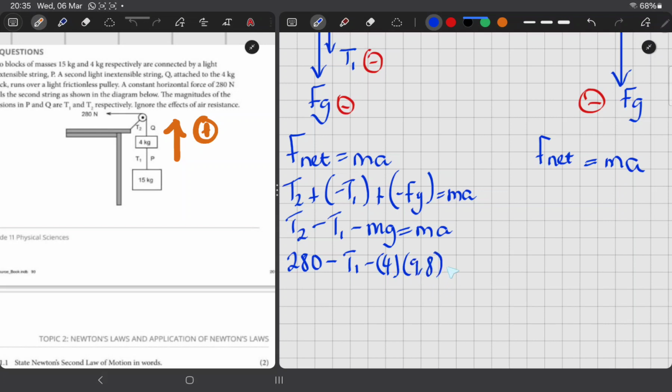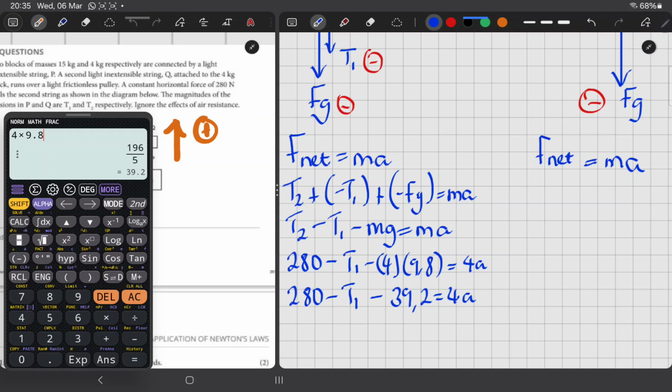9,8, 4a. So with my calculator, I check 4 multiplied by 9,8. This will give me 39,2. Then I will solve for 280 minus 39,2. So I get a positive 240,8.